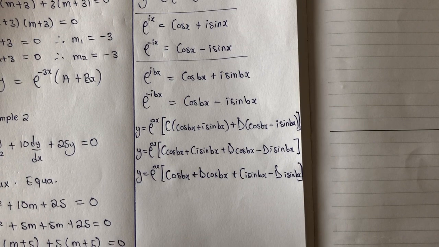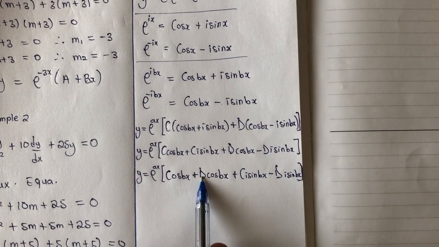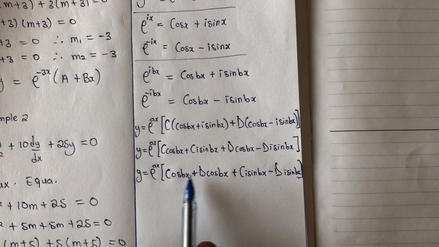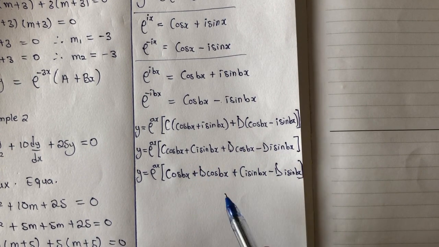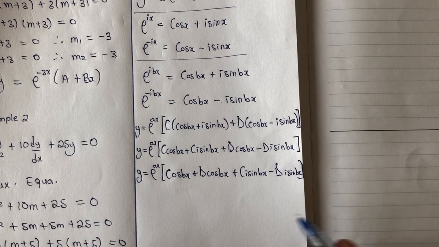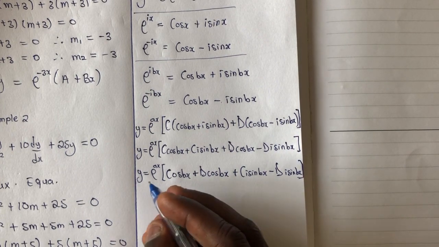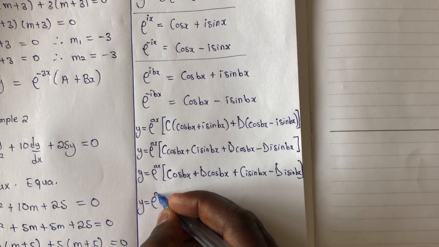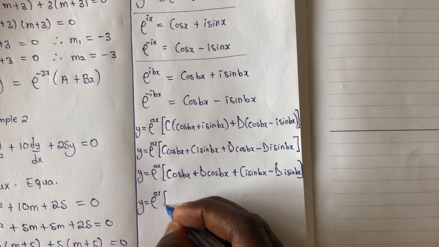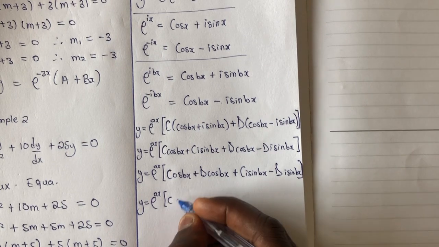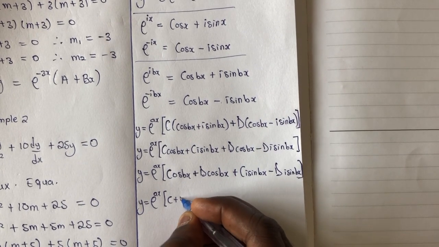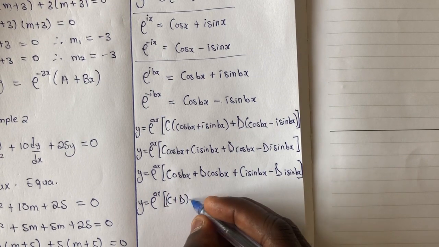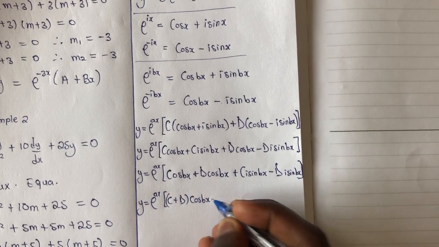Now, we can factorize c and d out, because c and d are the same. So I'll just say that y will be equal to e raised to the power ax into c plus d, all multiplying cos bx.